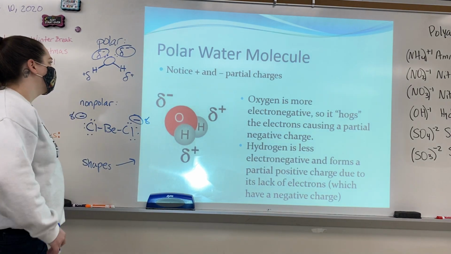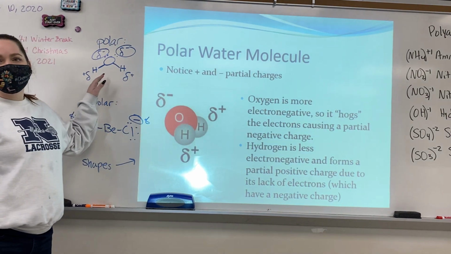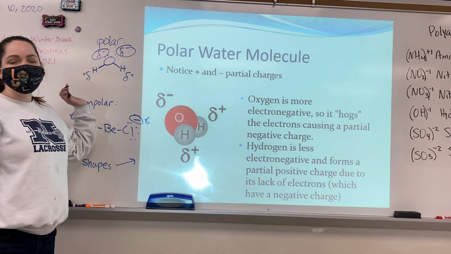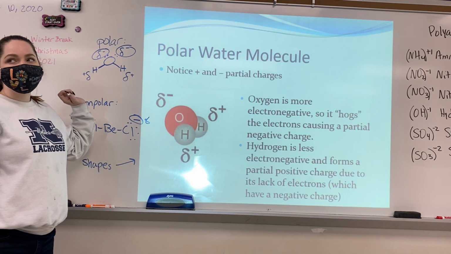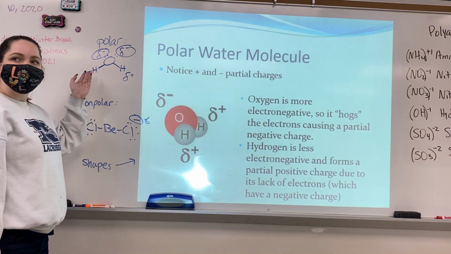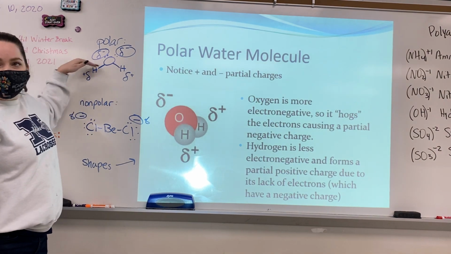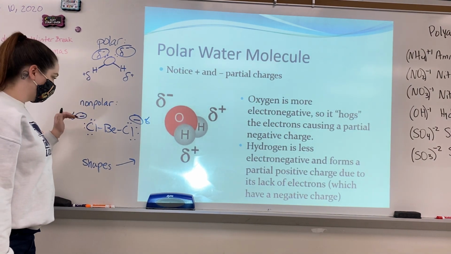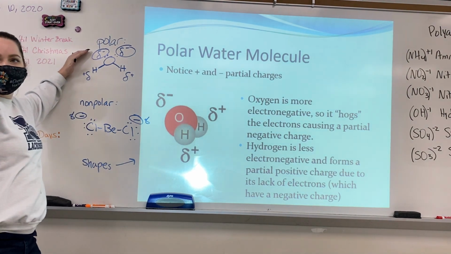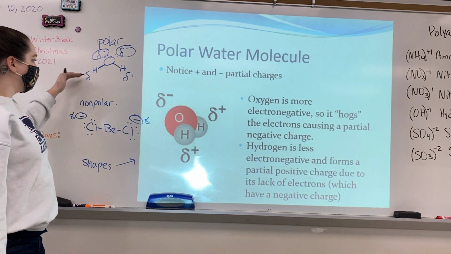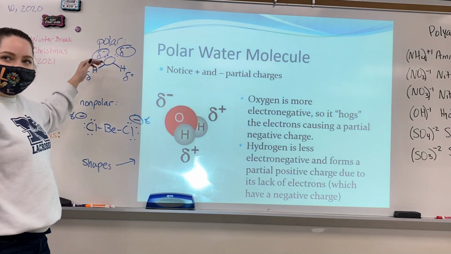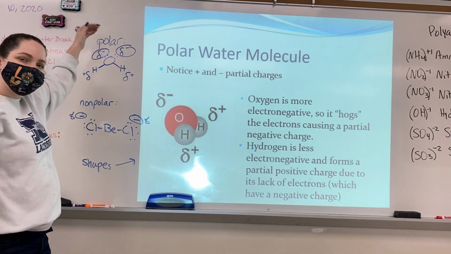Okay, so this is your polar molecule and this one is your nonpolar molecule. This is polar because you have negatives and positives, each sign on opposite sides of your molecule.